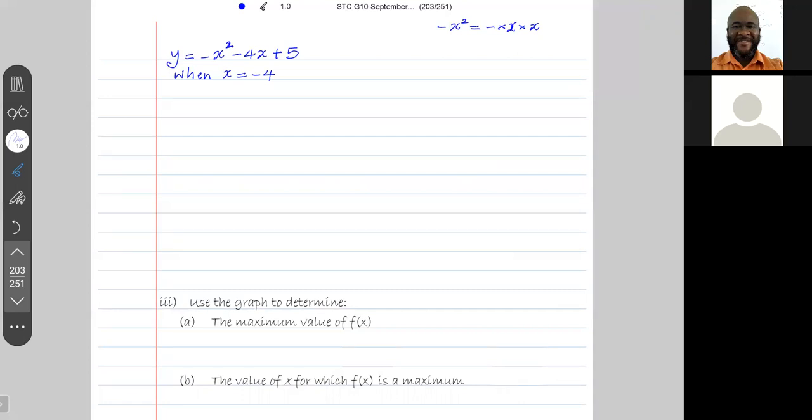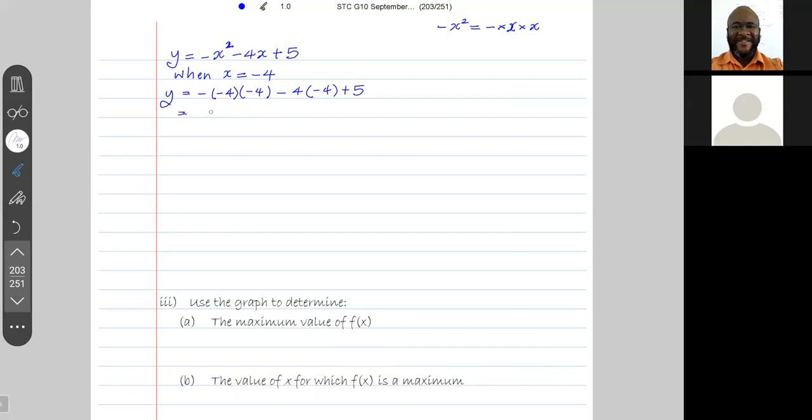So when x is equal to minus 4, y is equal to minus times x, which is minus 4, times x, which is minus 4, times x, which is minus 4, plus 5. Over here, I'm multiplying 3 x's, and whenever you're multiplying an odd number of negatives, your answer must come out negative.